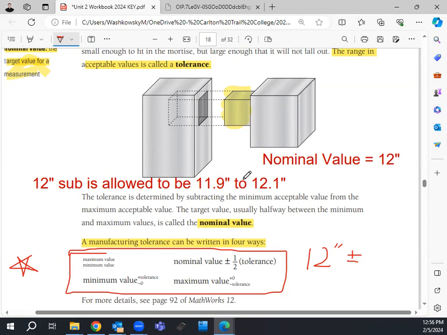Well, if I take 12.1 and subtract 11.9, I get 0.2 inches, right? So I want to take half of that. Half of this tolerance gives me 0.1. This is basically saying, what's an acceptable range for my sub? It's 12 inches, plus or minus 0.1 inches. It can be 0.1 inches bigger. It can be 0.1 inches smaller. We've said anything within that range is okay. That's cool.